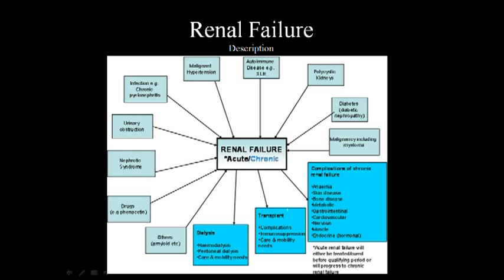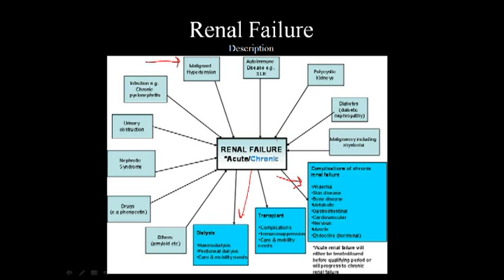And so here are things that can cause acute or chronic renal failure. And so notice your acute is all of these boxes, and your chronic renal failure is these.